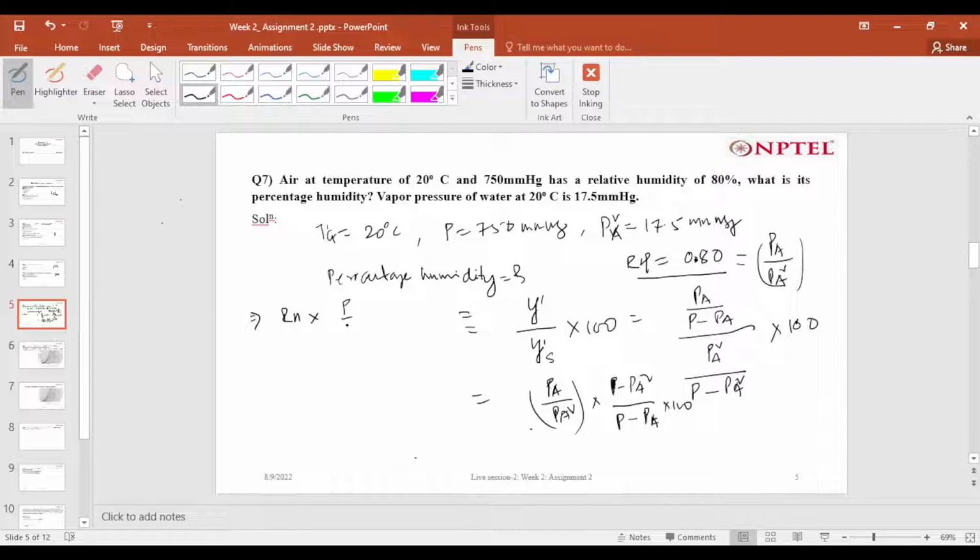Yes, sir. How much did you get for the percentage humidity? All of you are given here: the total pressure given, vapor pressure given, RH also given.